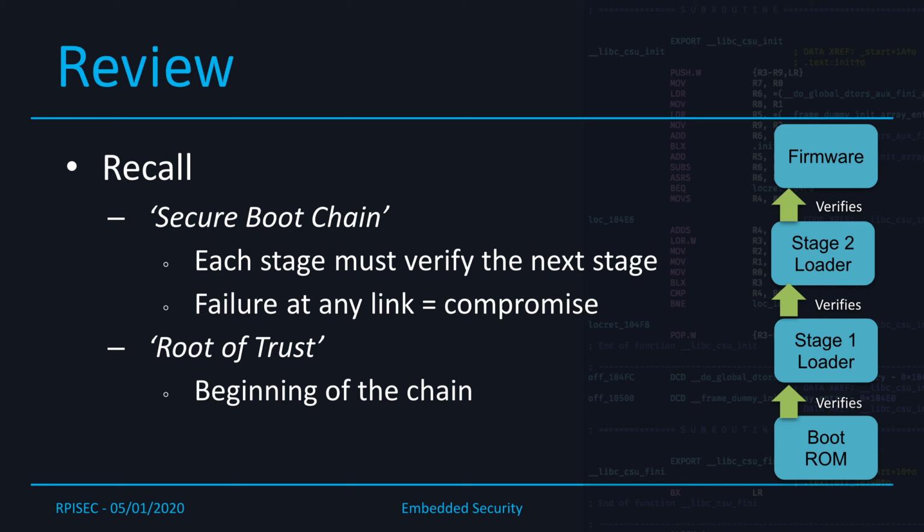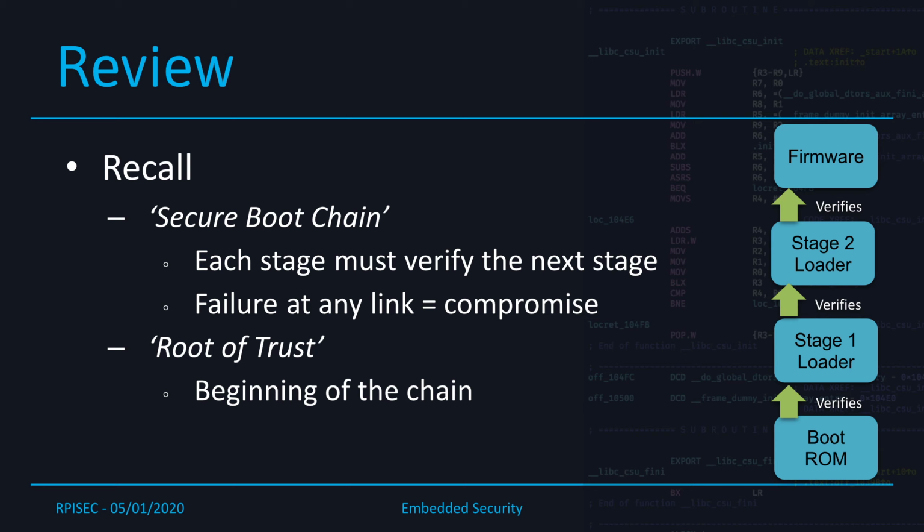And if we want a secure boot chain, each stage of the chain is going to need to be verifying the next link in the chain to ensure that it's both an authenticated link, in that it has an origin that we know and comes from either a manufacturer or an authorized third party. And also we're going to want to validate that the chain has integrity and that it hasn't been corrupted.